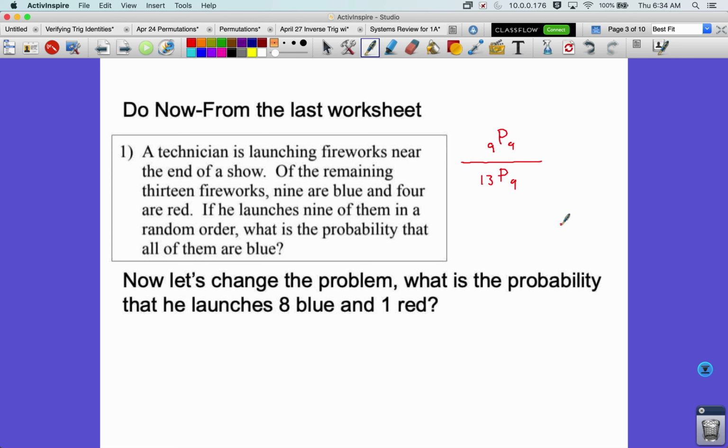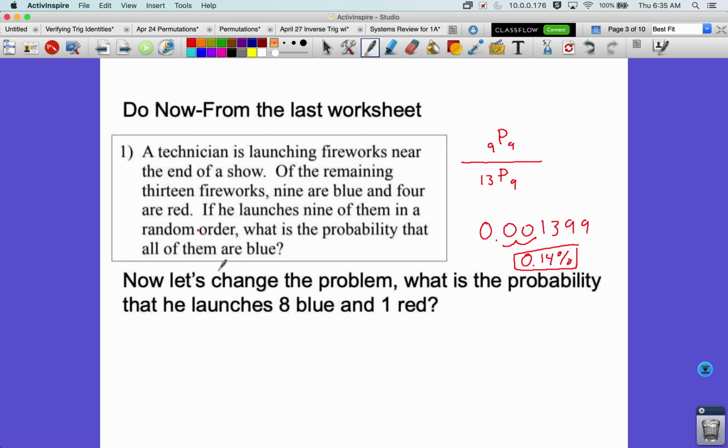And 9 pick 9 is 362,880 divided by 13 P9 gave us 0.00139, which we could convert to a percentage by moving the decimal place twice, 0.14%.